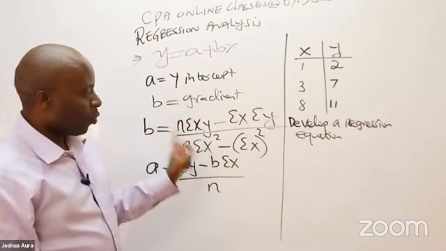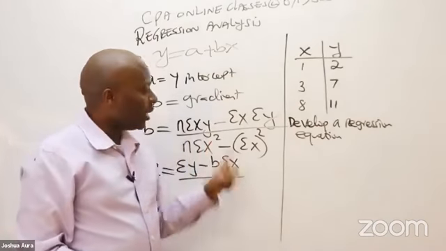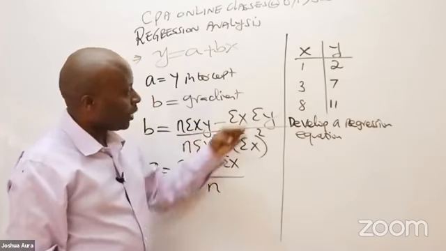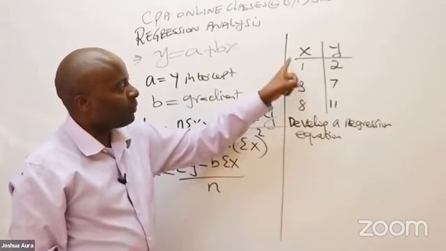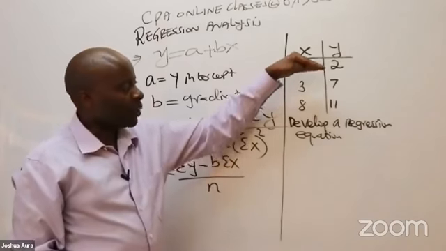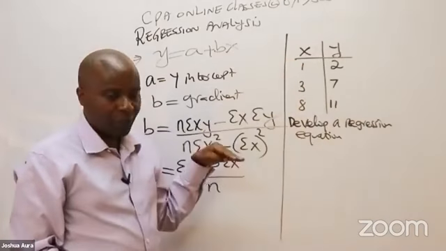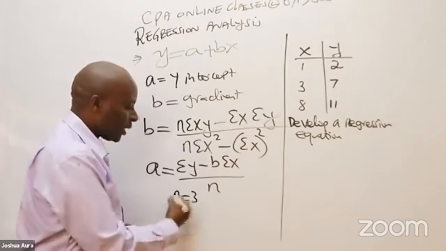N stands for the number of points. If you count them on a Cartesian plane, a point is defined by the X and the Y coordinate, right? So this is point number 1, point number 2, point number 3. So our N here is 3.